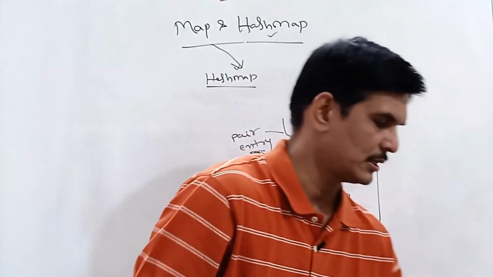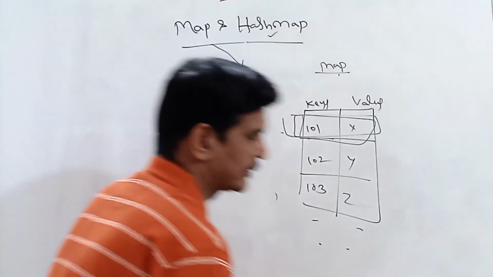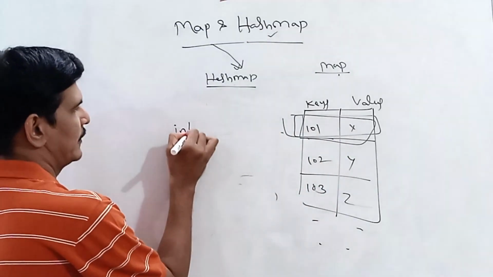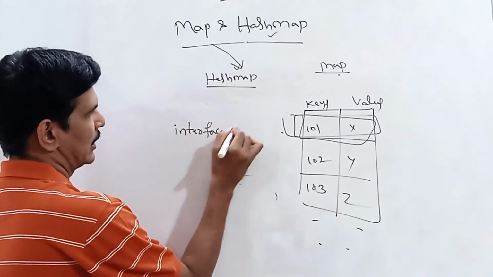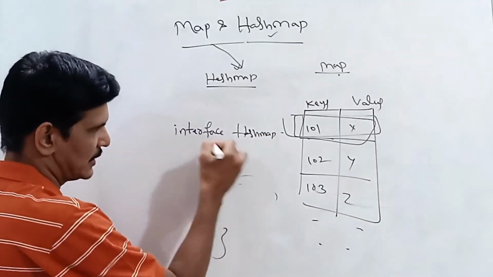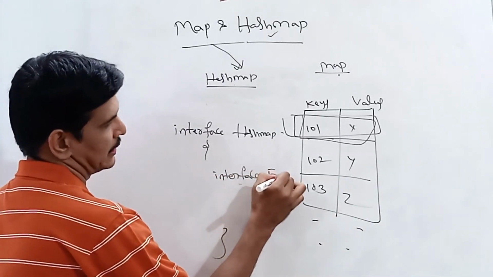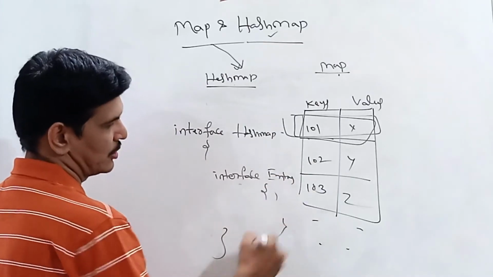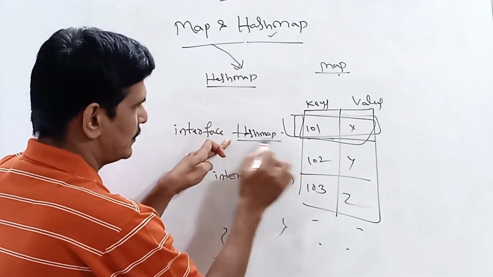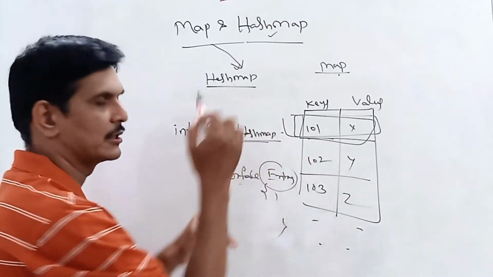Now let me discuss that particular interface. Internally it is created like this. For example, we have the Map interface, and inside this we have one more interface called Entry. So the hash map contains n number of entries, and every entry we can represent by using the Entry interface.